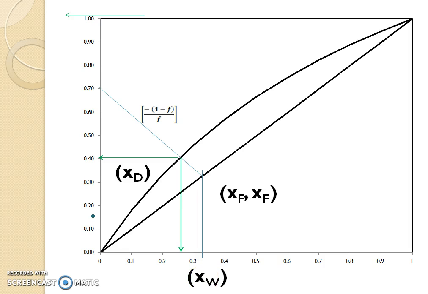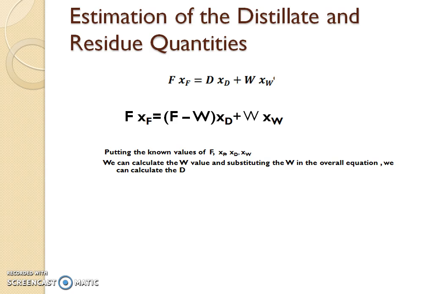Like this, we calculate the composition of the more volatile component in the vapor phase and the residue phase. Now I am going to explain how to calculate the quantities of the residue as well as the distillate.